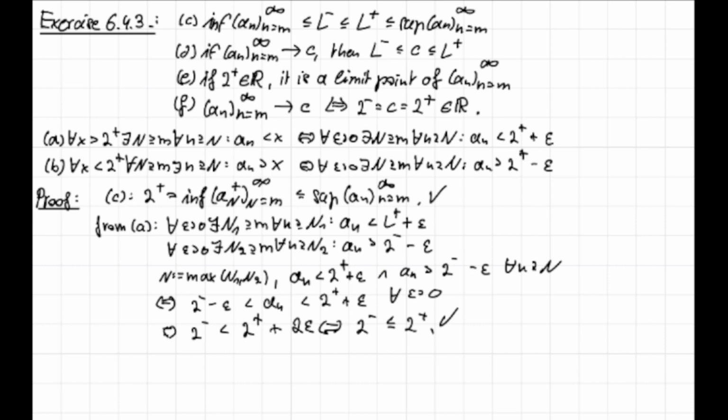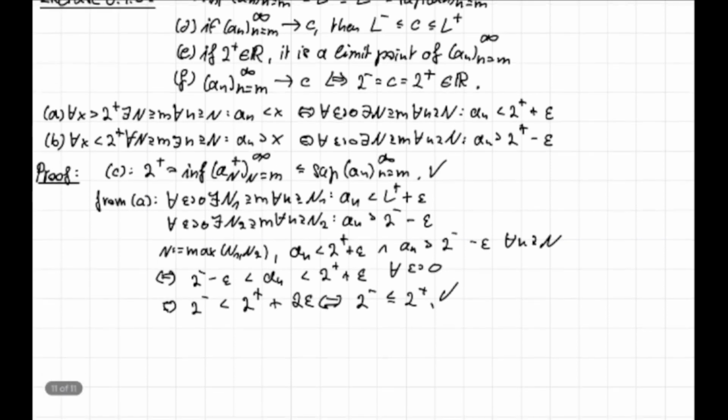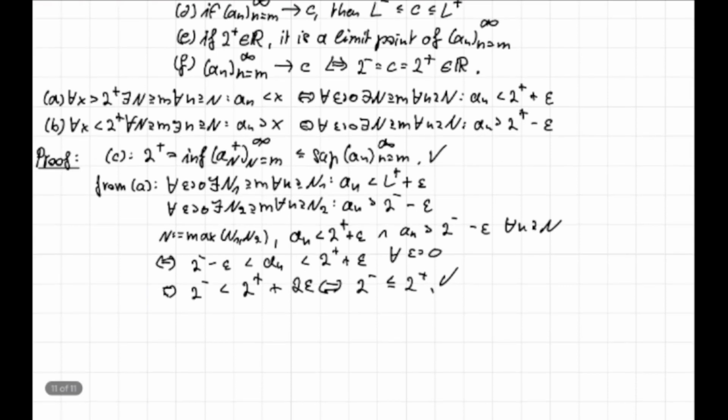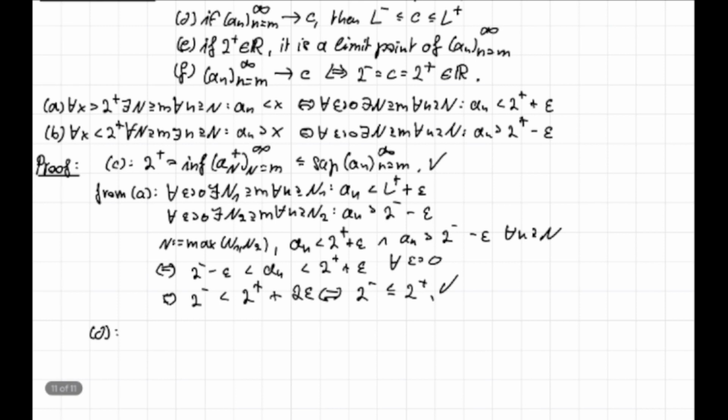Okay, let us see. Now we are going to prove D. And D is pretty similar. We want to show that if the sequence a_n is converging to some real number c, then L plus is greater or equal than c.